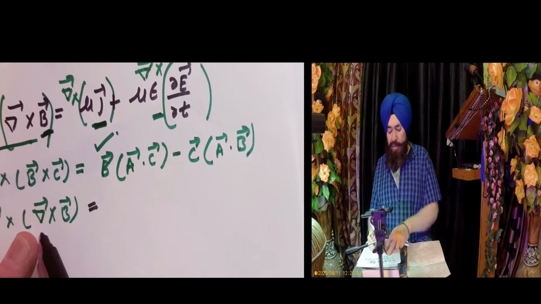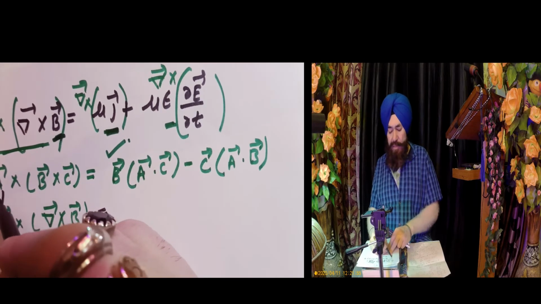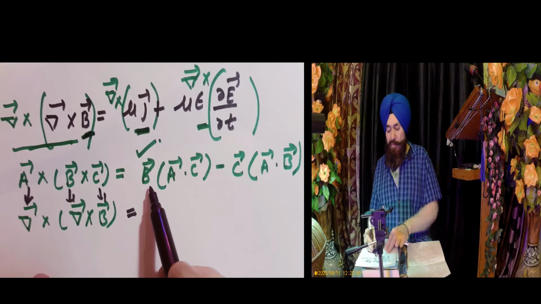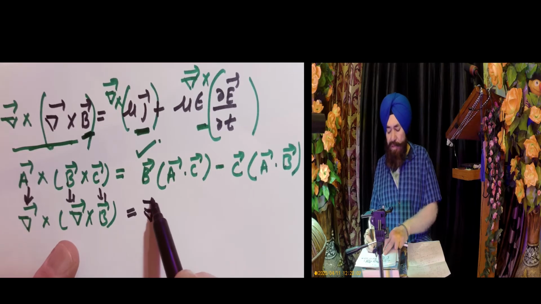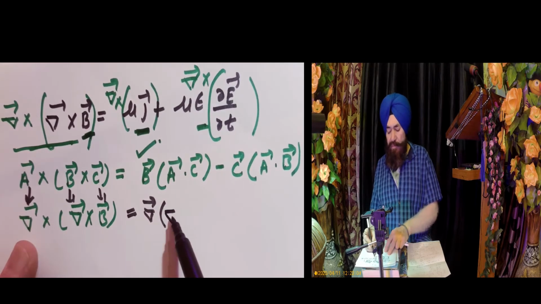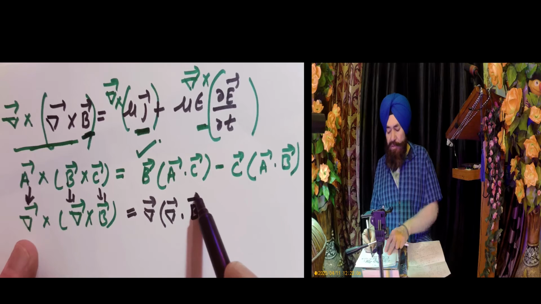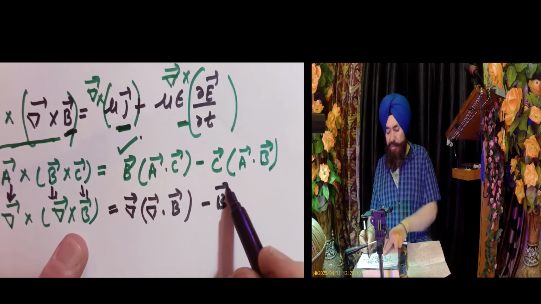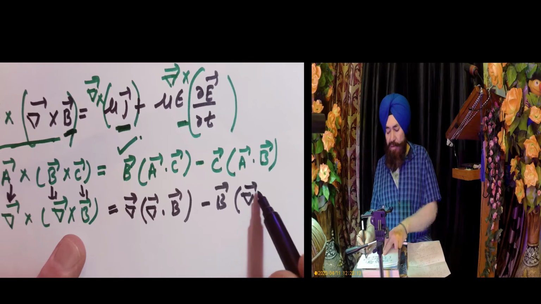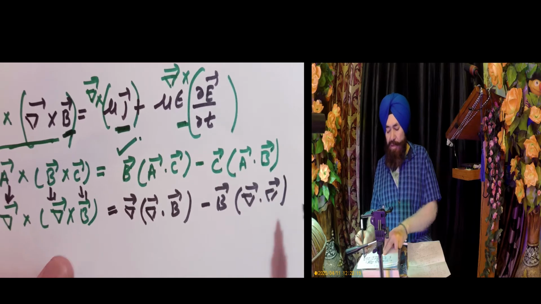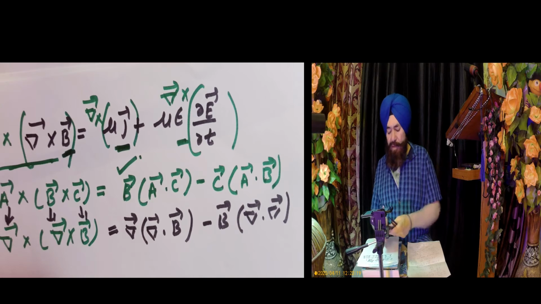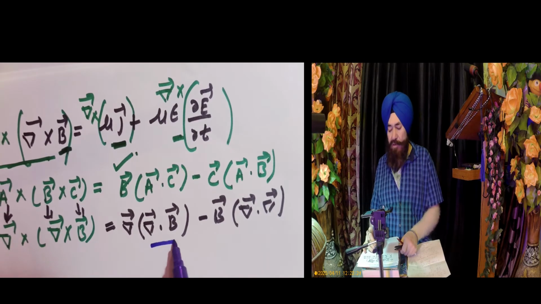Here this is A, this is B, this is C. So it is del vector (del vector dot B vector) minus B vector (del vector dot del vector). Okay, now you know very well what about del dot B?